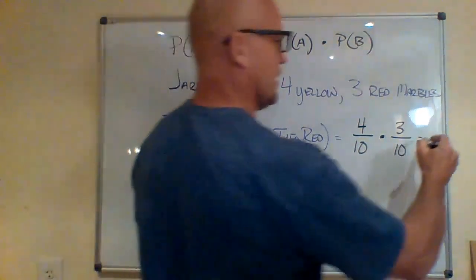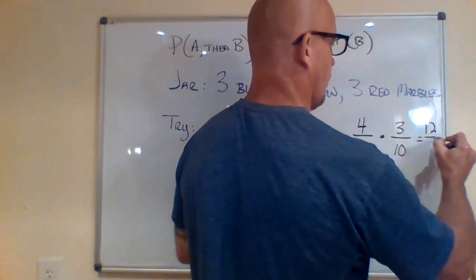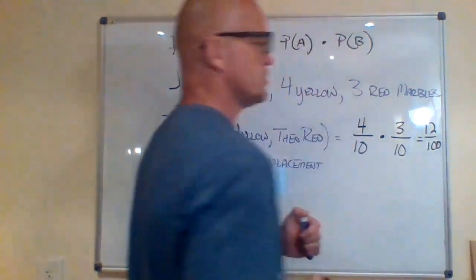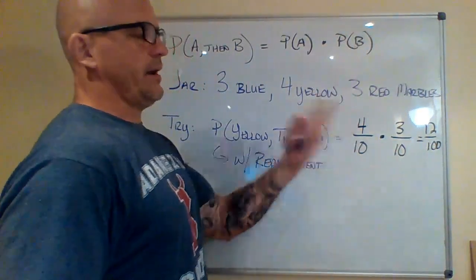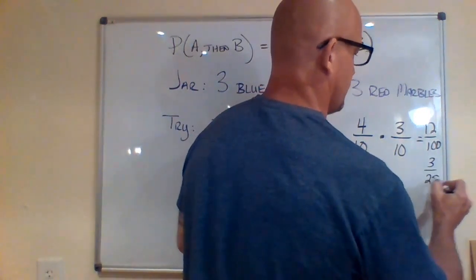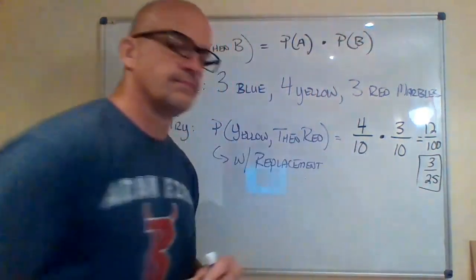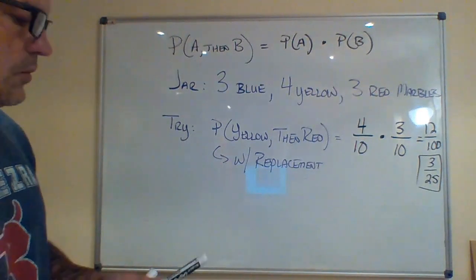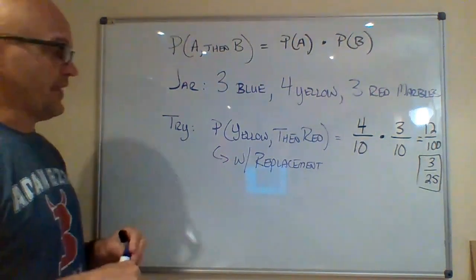That, of course, I'm a little out of room here. It's 12 over 100, which would reduce. They're both divisible by 4. So that would give me 3/25. So hopefully we got that.